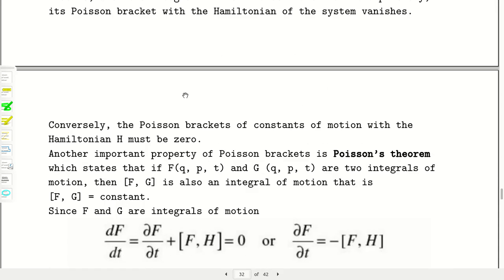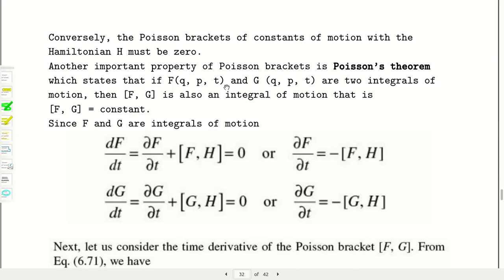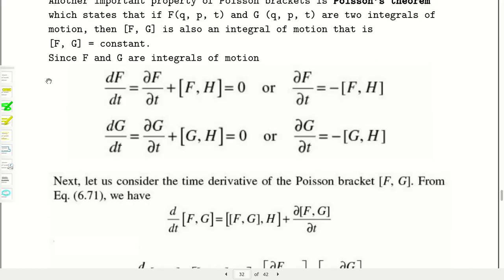Now you can prove one interesting thing: if f and g are two integrals of motion, that is df/dt is 0 and dg/dt also 0, you can prove that their Poisson bracket of f comma g is also an integral of motion, that is d/dt of the Poisson bracket of f comma g is also 0, that means it is equal to a constant. Okay, let us prove this. First use the formula ∂f/∂t is equal to minus the Poisson bracket of f comma H, and here also for g.